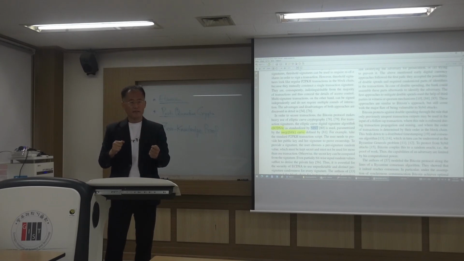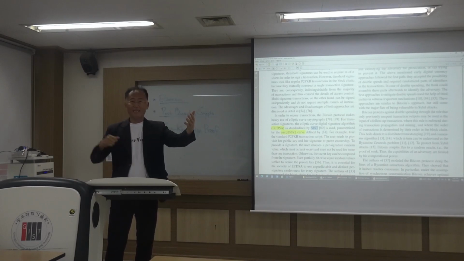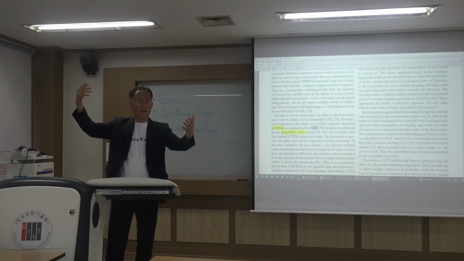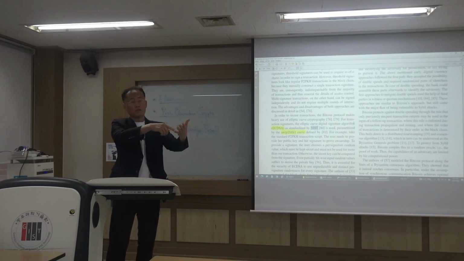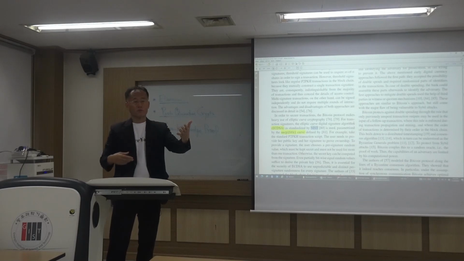First thing is that it should be non-communicative. Once you create a signature, you should be able to store this signature in the blockchain, and then anytime, anywhere, take a look at this signature. Should be able to verify if this signature is right signature or not.